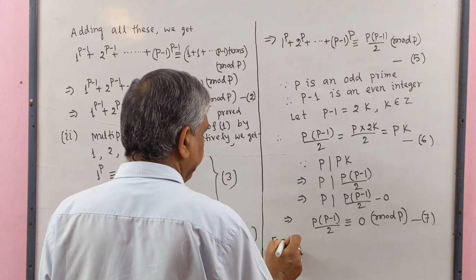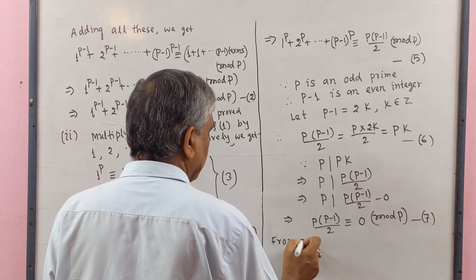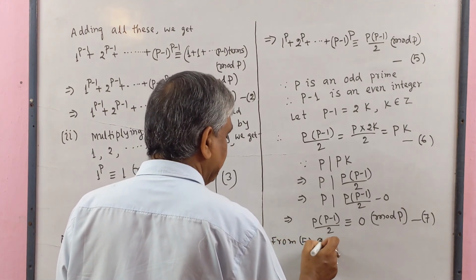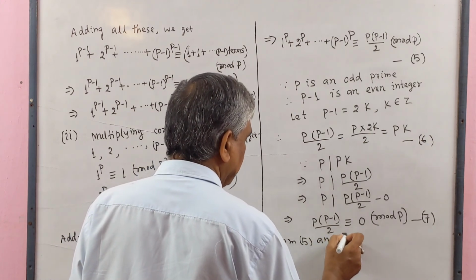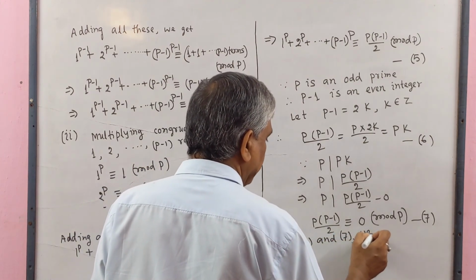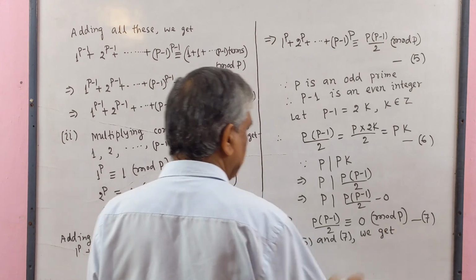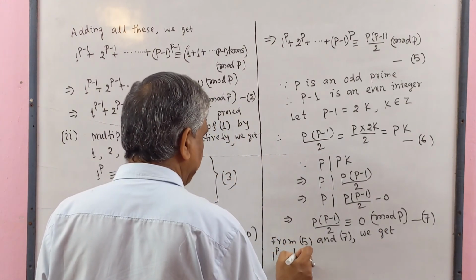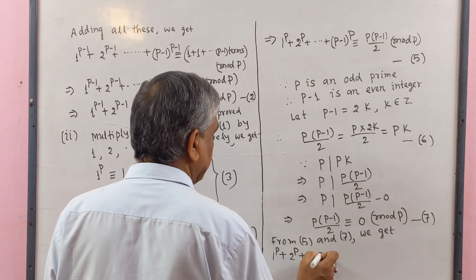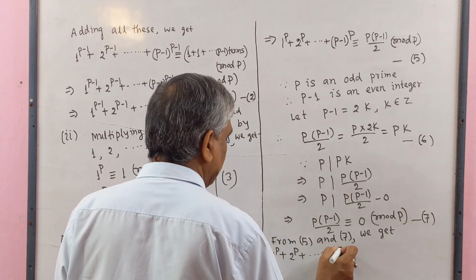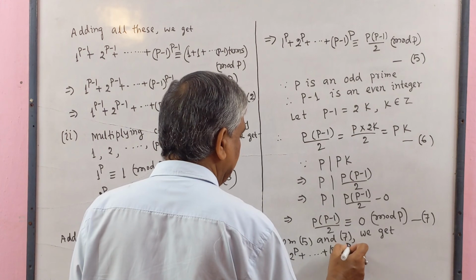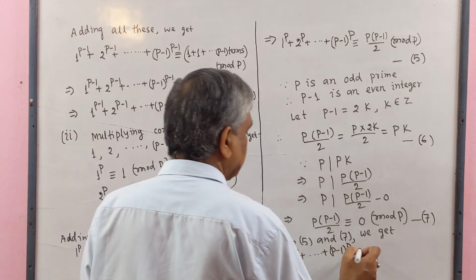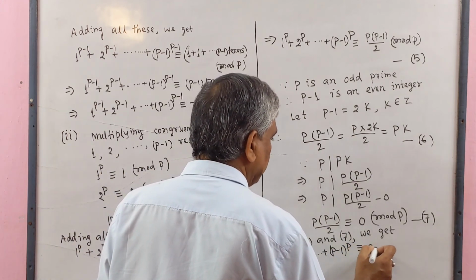From 5 and 7 we get 1 to the power p plus 2 to the power p plus ... plus p minus 1 to the power p is congruent to 0 modulo p.